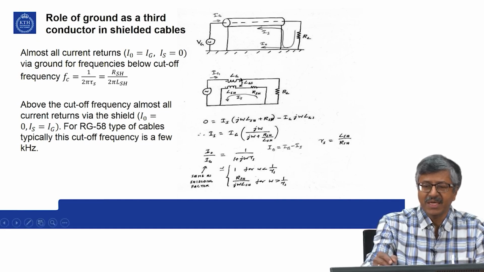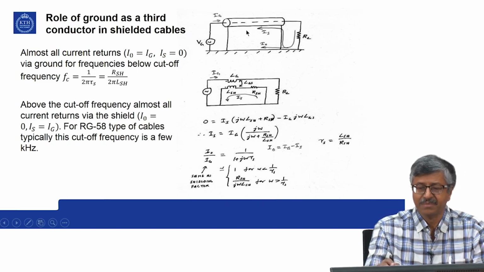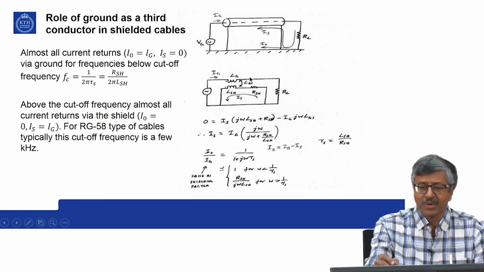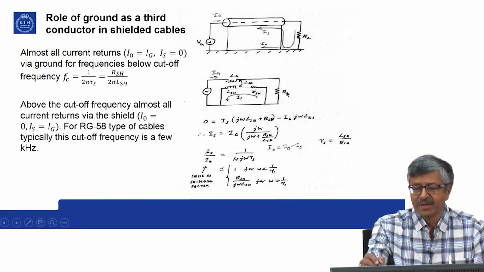LG is the generator wire self inductance, LGS is the mutual inductance between the receptor wire and the shield, and LSH is the self inductance of the shield. So, there are three inductances involved, two self and one mutual, and the coupling is shown here. The shield has some resistance, and this is the load RL.